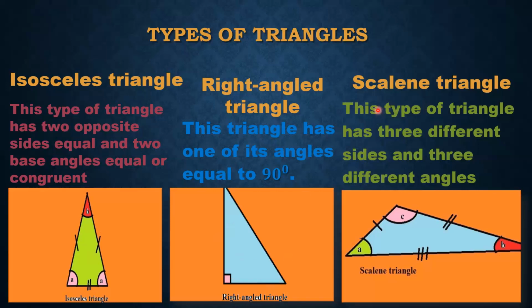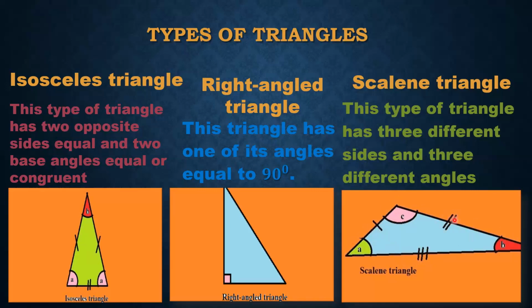Now, the last type of triangle that we will discuss is the scalene triangle. This type of triangle has three different sides and three different angles. Looking at this one, you could see that the lines that form the triangle are three. We have three line segments, one here, one here, and one here.